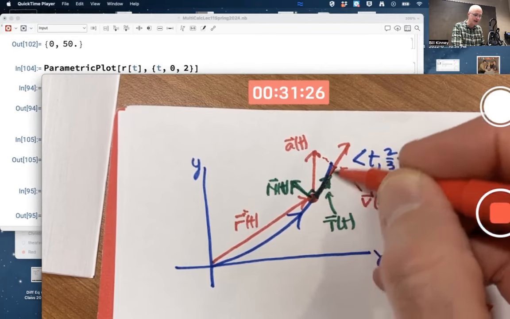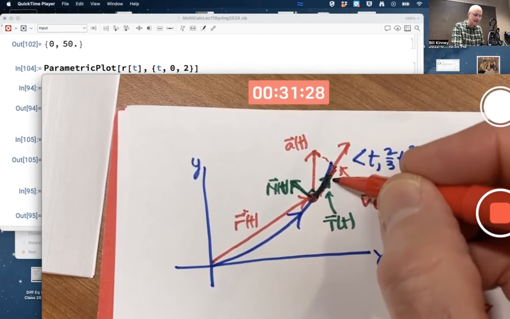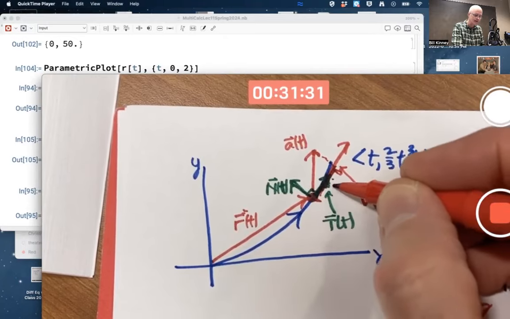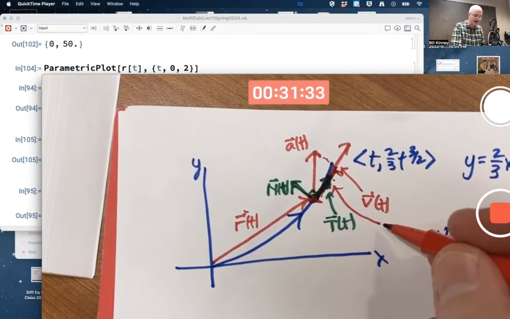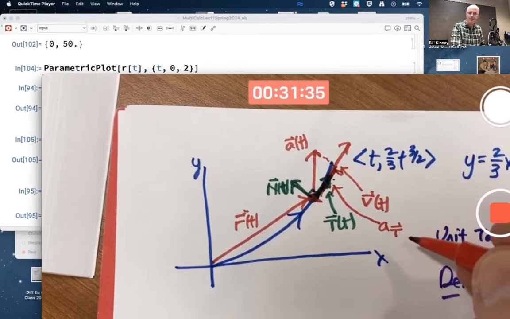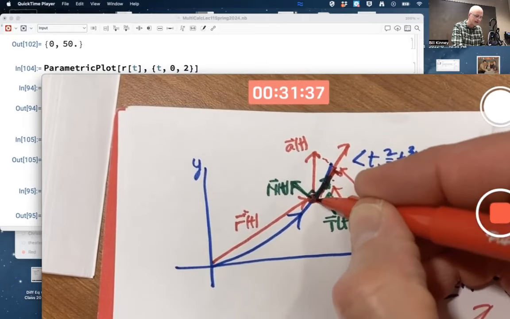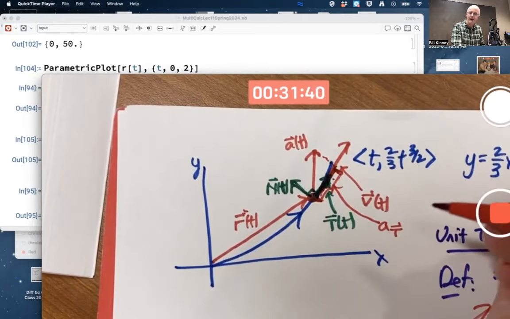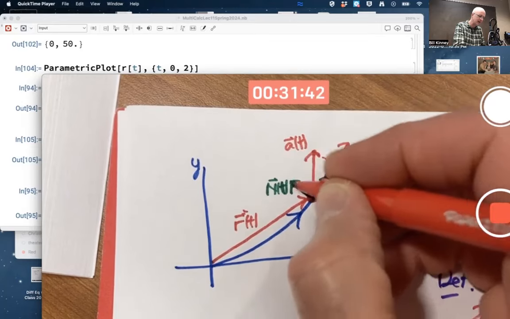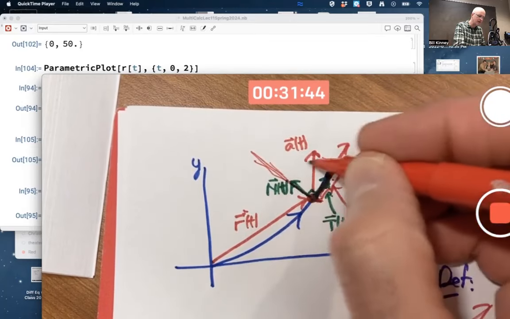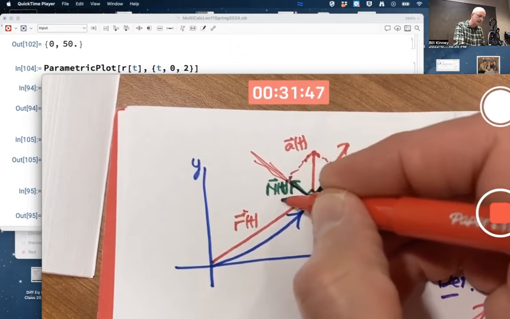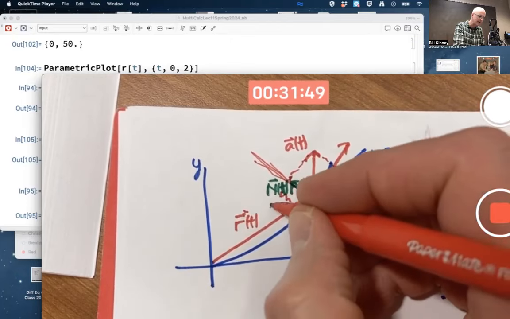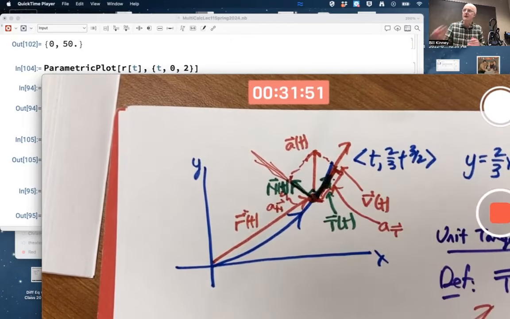This distance right here is a sub T, thought of as a positive distance. And if you project a of t onto the line parallel to the unit normal vector, then this distance is a sub N. So you can use projections to derive these formulas as well. And that's where those dot product formulas come from.